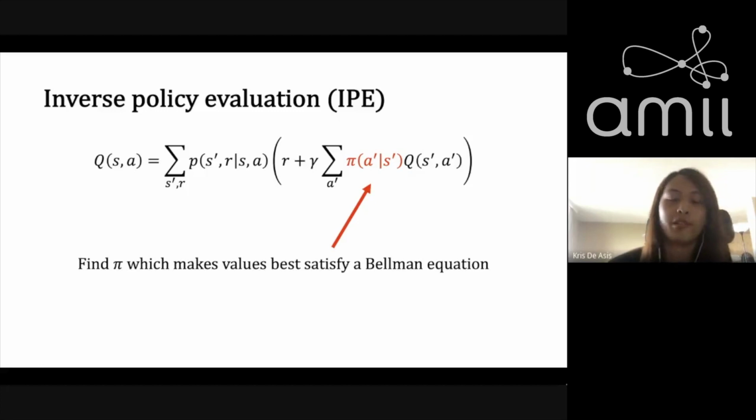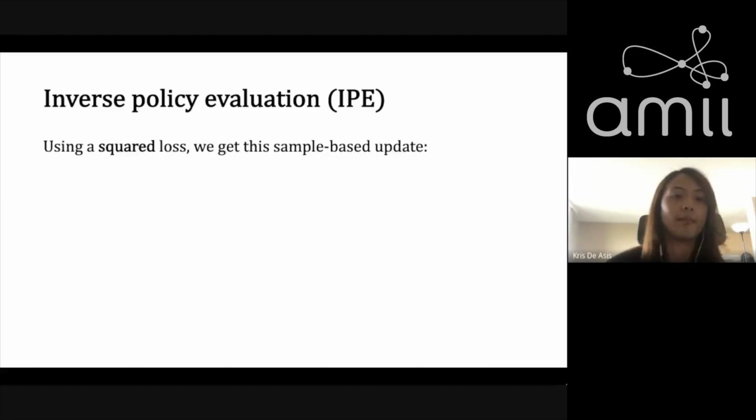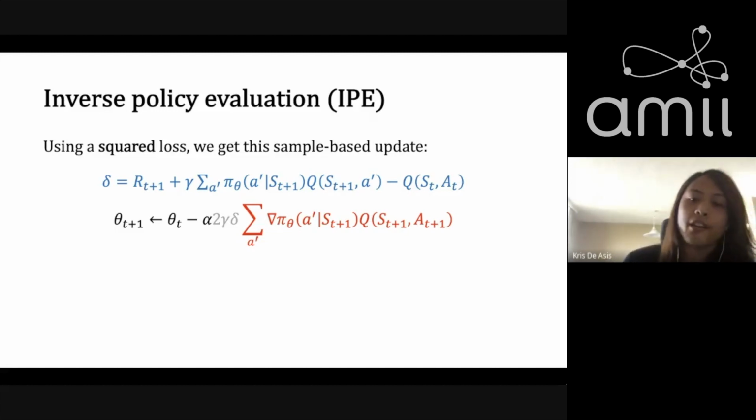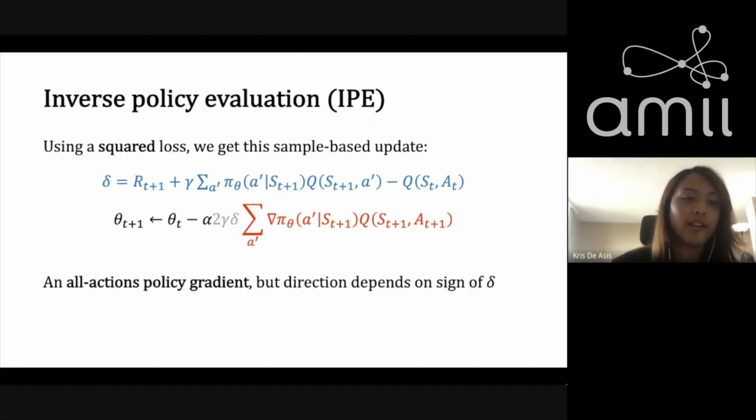If you were to use some squared loss over this relationship, we would get the following sample-based update, where you've got your usual TD error delta here, and in particular, this is the expected SARSA TD error, where it's the expectation under this parameterized policy pi, and the update is the second line here. Something that you might notice is that this looks like an all-actions policy gradient, but it has this extra delta term there.